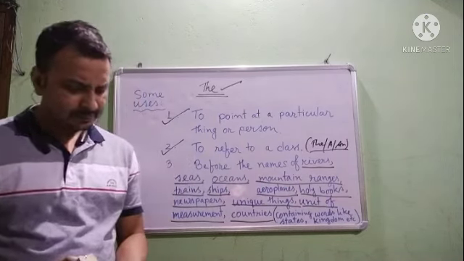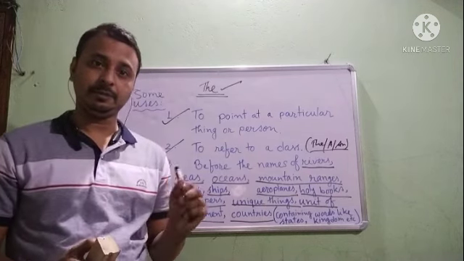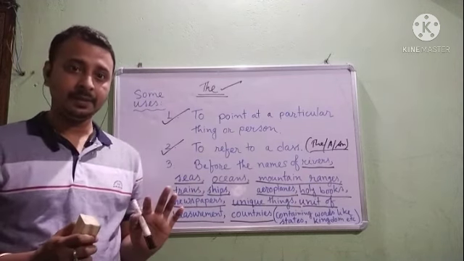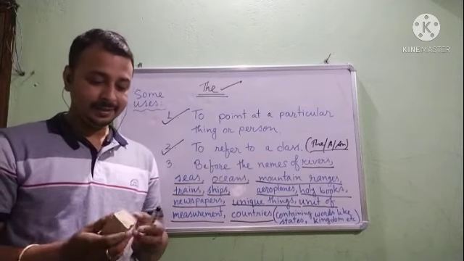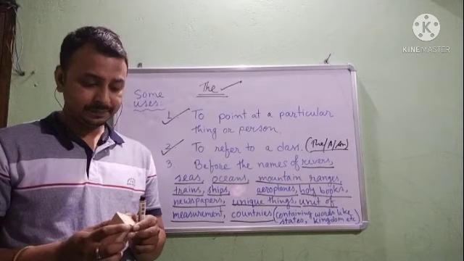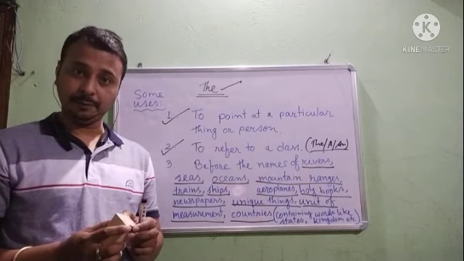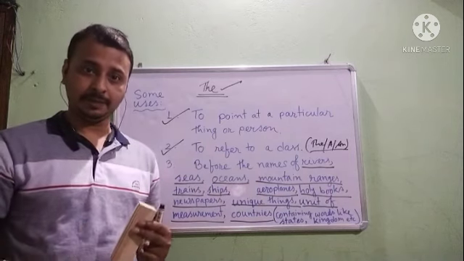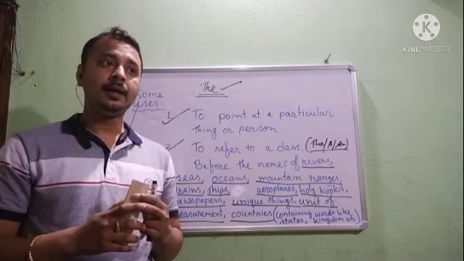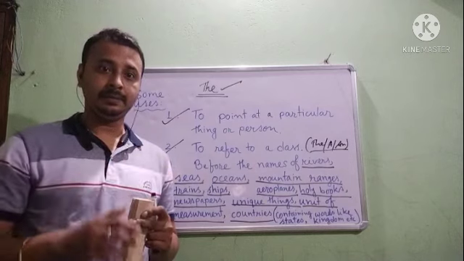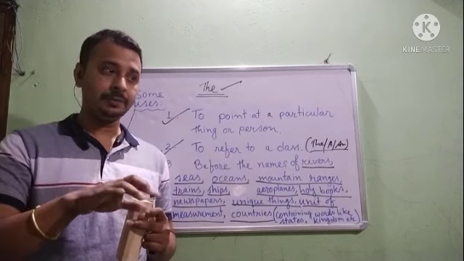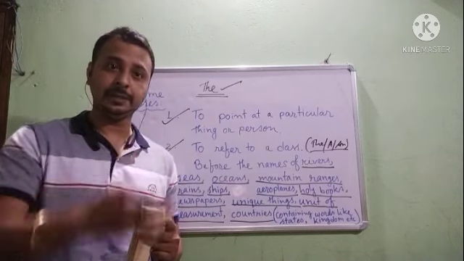Okay, you may find some other uses also in any other grammar book, you can refer to that after you finish this very well. Okay, now you have learned where articles are used. Now in our next part you will know articles are not used in some cases, and where they are not used you are going to get it in the next part.